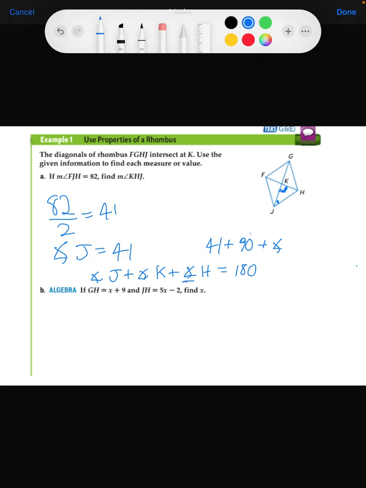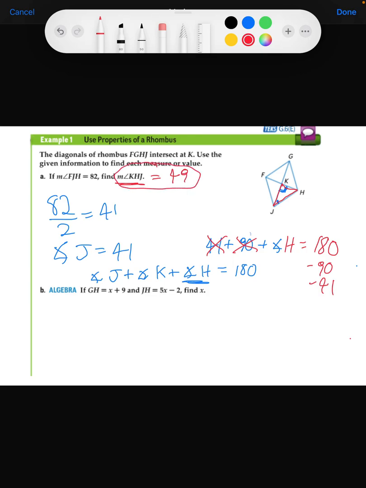And I just called it H here since we're looking at this triangle. So plus H equals 180. So 180 minus 90 minus 41 to get angle H by itself, which is KHJ right here. So 180 minus 90 minus 41 equals 49. So KHJ equals 49 degrees.